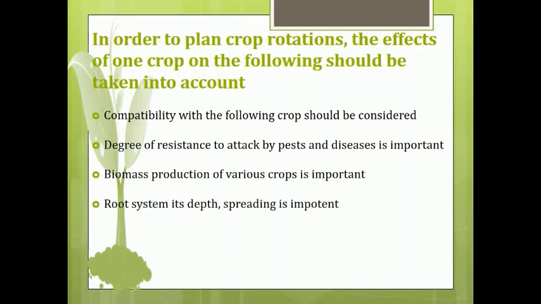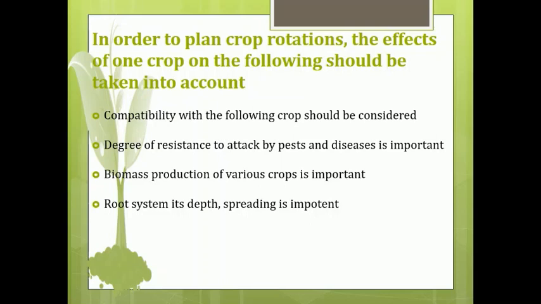The depth of the root system and its spreading style is again important. When the roots are growing to different depths, it is very important to absorb nutrients and moisture from the different depths of the soil profile.